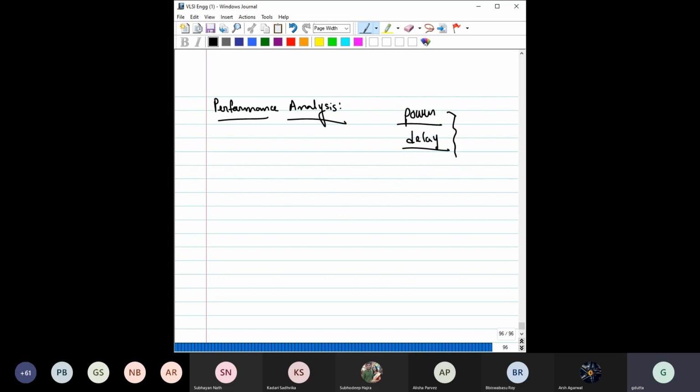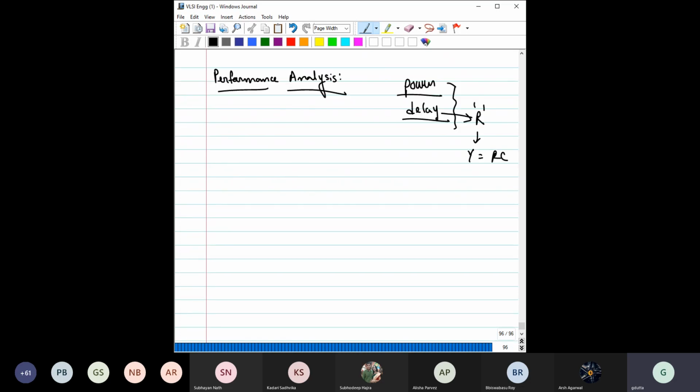These are the two important performance measures we have seen, right? Now for delay, resistance is an important part, because delay is basically tau equal to RC delay only. So if we can analyze the resistance, then we can also analyze one of its performance aspects, which is its delay. So we're basically going to do that here.